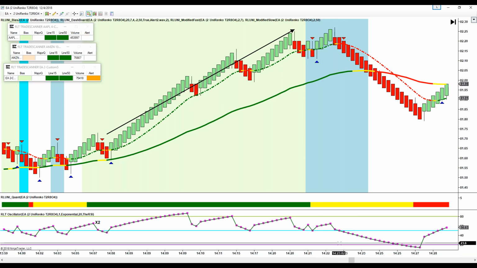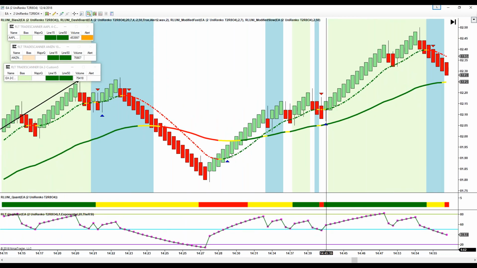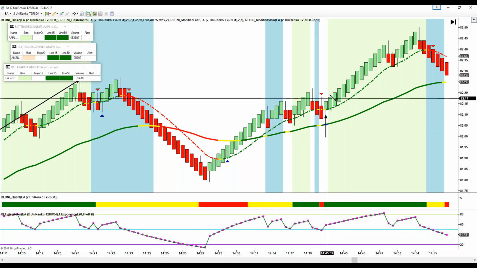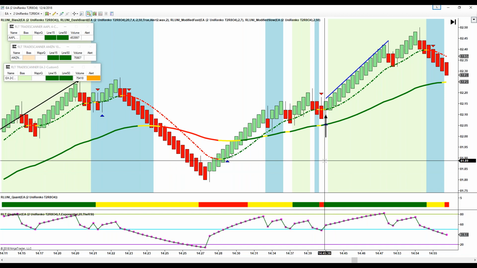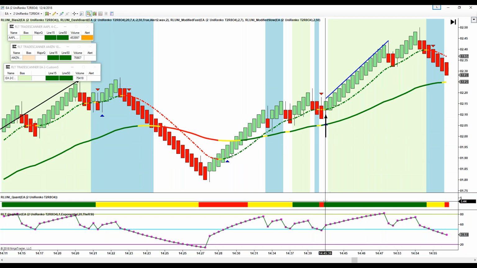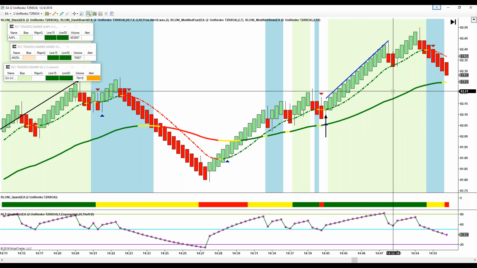So all of these are potential entries, but you're only going to take the entry. Now, right here in real time, that was probably an entry. Right here. So it's the oscillator that gives us the entries, and it's the background bias and the quant line that confirms one, money flow, and two, the multi-time frame direction and trend.